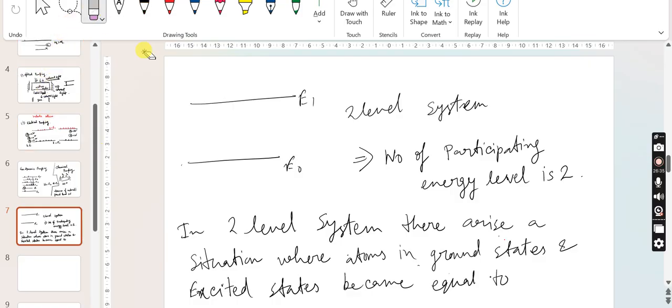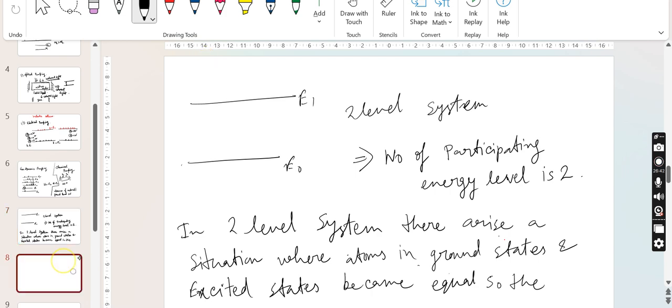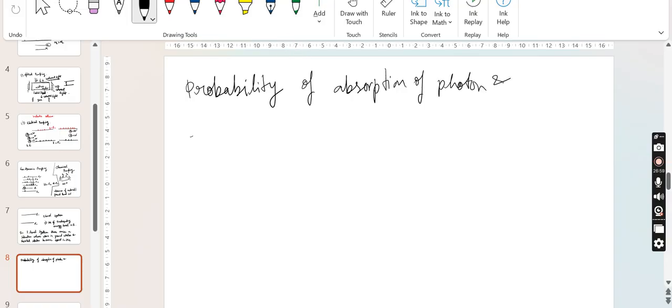So the probability of absorption of a photon and emission of a photon is the same.